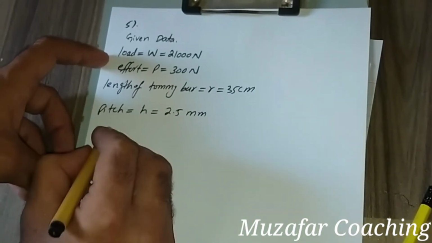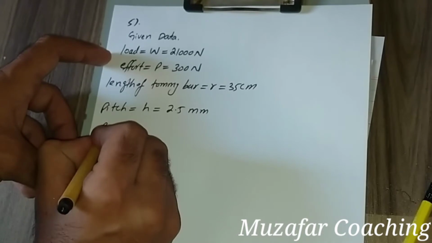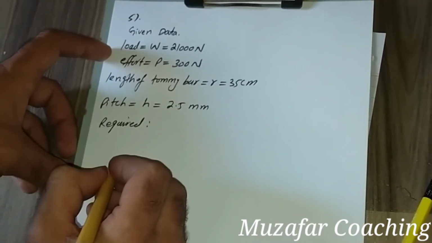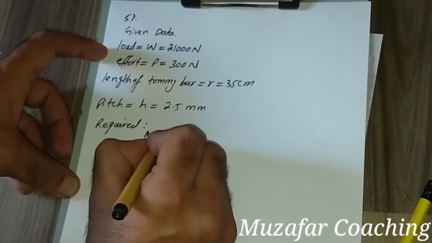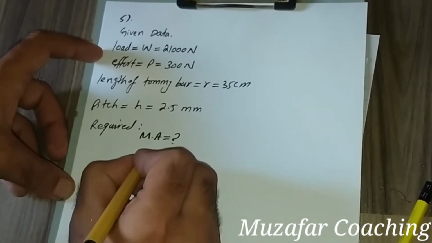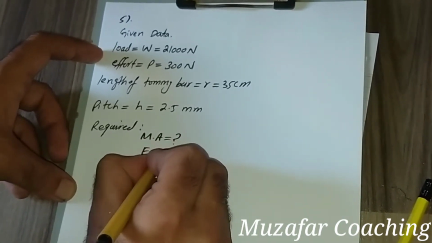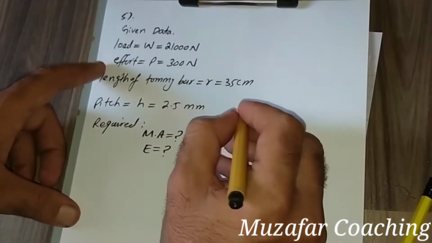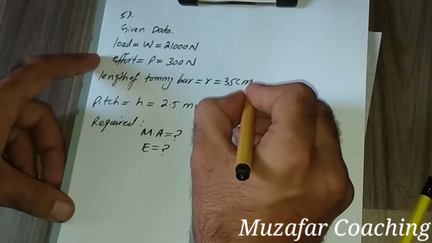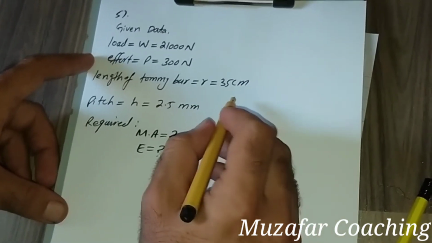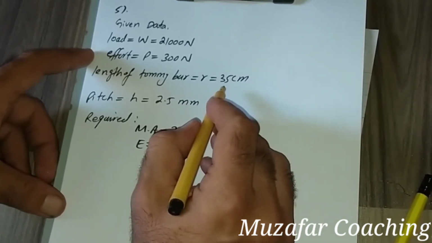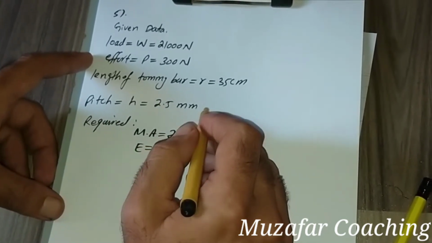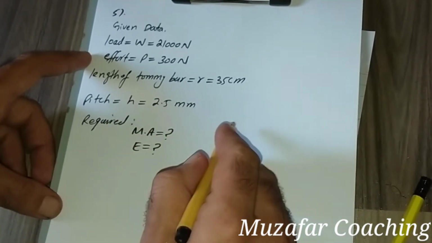Now we are required to find two things, as I already discussed. We have to find the mechanical advantage and then the efficiency. I hope you are getting it. In numericals, we have to convert the values into SI units, otherwise our answer will be incorrect.